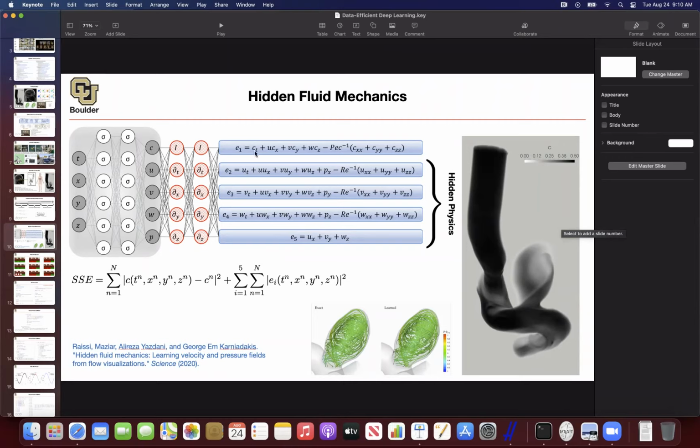So it's tracing our flow. It's being advected by the flow and it has its own diffusivity. So some of the dye that we inject is going to diffuse faster, some of them are going to diffuse slower. And we don't actually want to make any assumptions of that. So you can actually learn the diffusivity of the dye that is being injected.